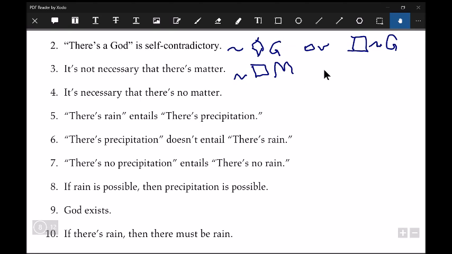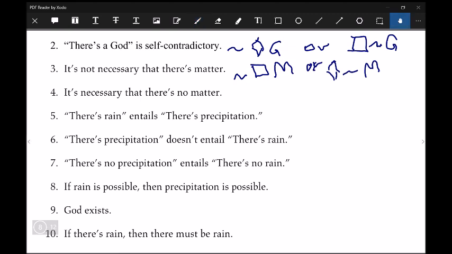Now how would you translate this, Annie, using a diamond? Instead of saying it's not necessary that there's matter, what could you say? It's possible that there's no matter. So, diamond, not M. You are absolutely right. Possible, not M. Again, those are two different ways of saying the same thing.